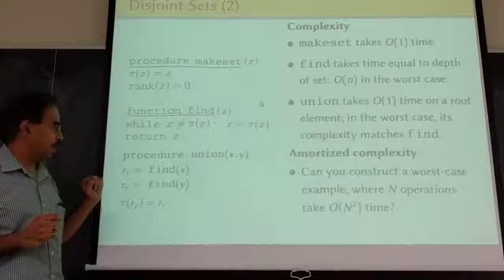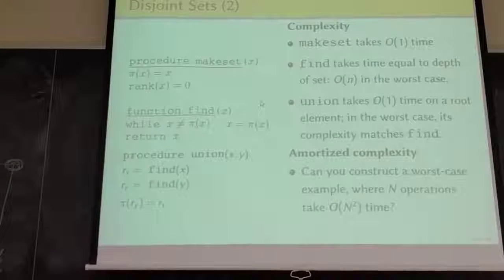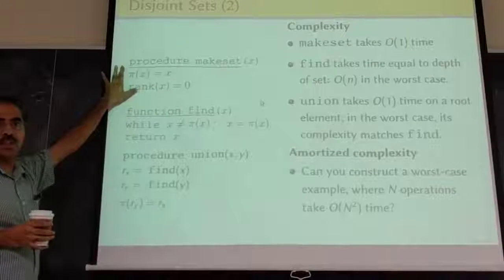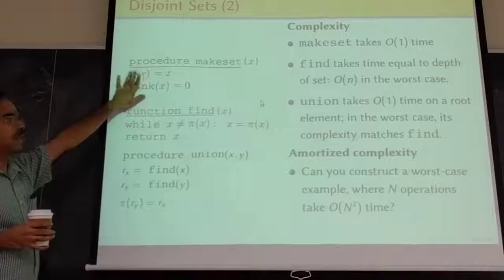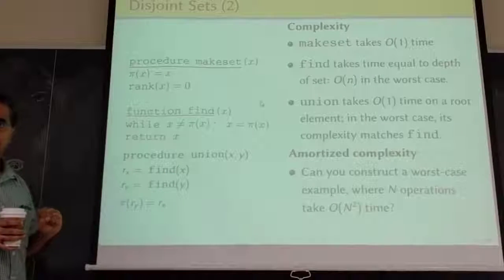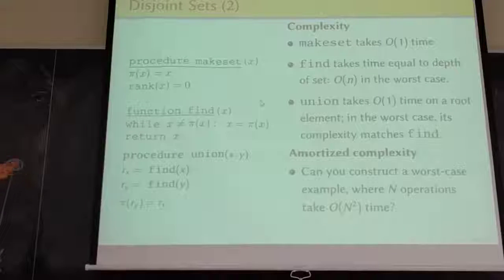So now the interesting question is whether you can construct from this example a case where a set of n operations will take O(n squared) time. Again, this is the initialization step: every element is put in its own set. Assume that is the initial state. Now you have to find a sequence of order n operations, finds and unions, such that at the end you would have spent O(n squared) time.